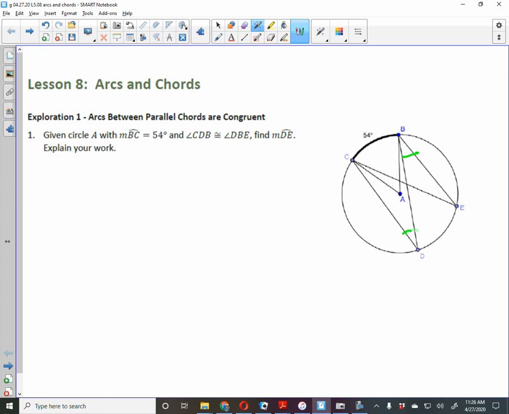So let's go ahead and mark those so we remember those two are congruent. Find arc DE. Well, this is going to be half of 54, which is 27, so therefore this is 27, so this has to be twice 27, which is 54. So that wasn't so bad.